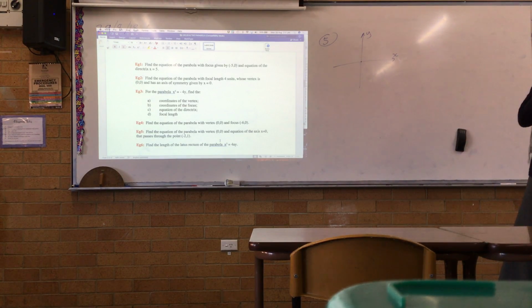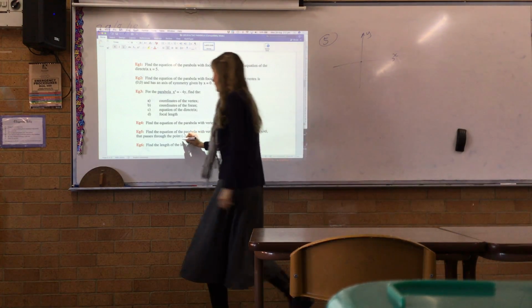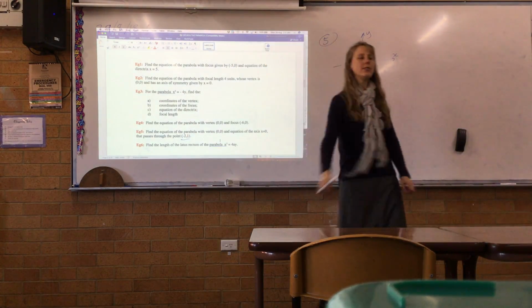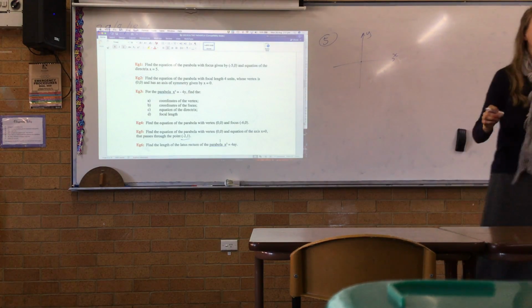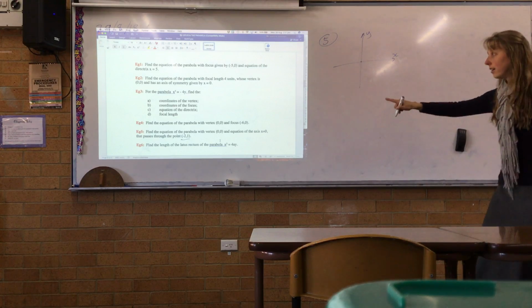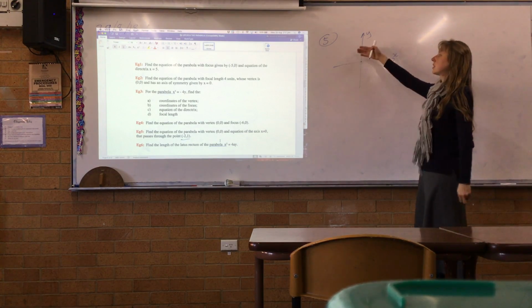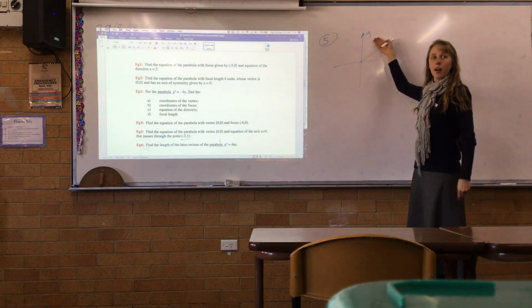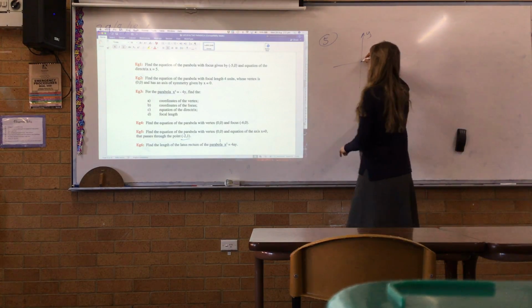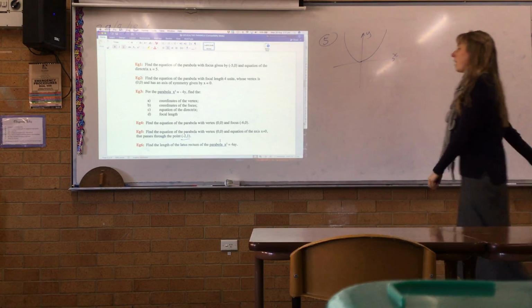And it passes through the point negative 2, 1. Does this give us a hint as to whether it is concave down or concave up? What is the y value there? 1. So 1 is a positive value, so this parabola must be on the positive side. This parabola must look like this. So it's of that form.